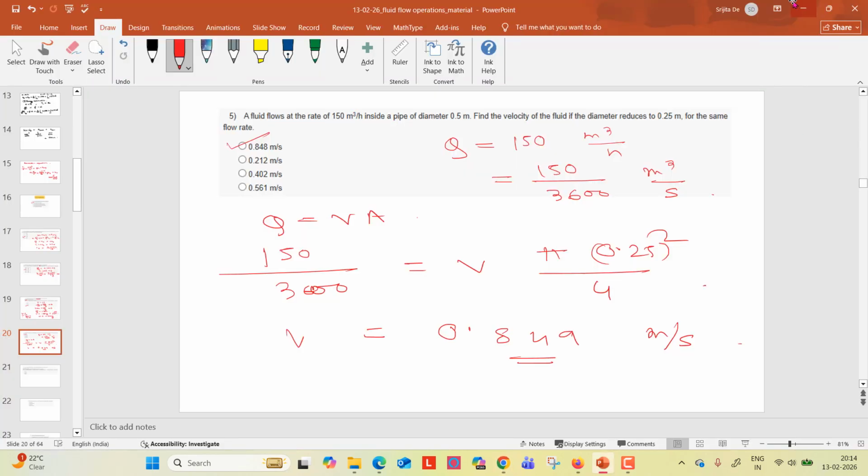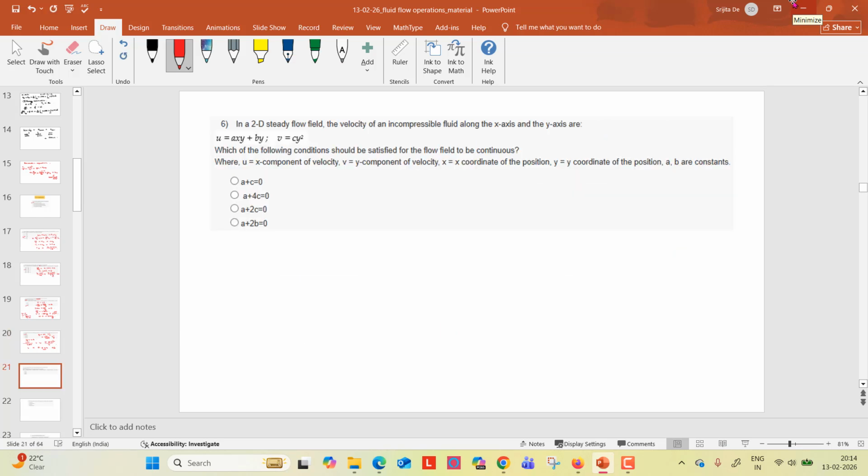Next problem. In a 2D steady flow field, the velocity of an incompressible fluid along the x-axis and the y-axis are given. Which of the following conditions should be satisfied for the flow field to be continuous?